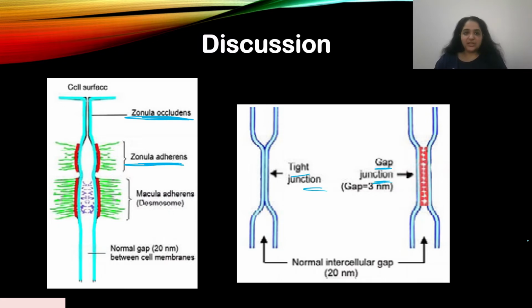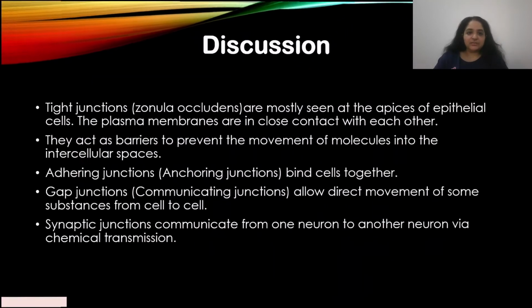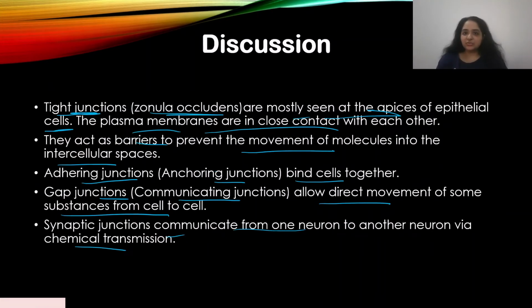So these are the types of junctions that are found in our epithelial cells. Some of them, like I said, maintain a close connection, they stick together, right? They cement the cells together. And there are some that create a gap which allows some movement to take place. So learn the definitions, so then it will be easier for you to answer the question.